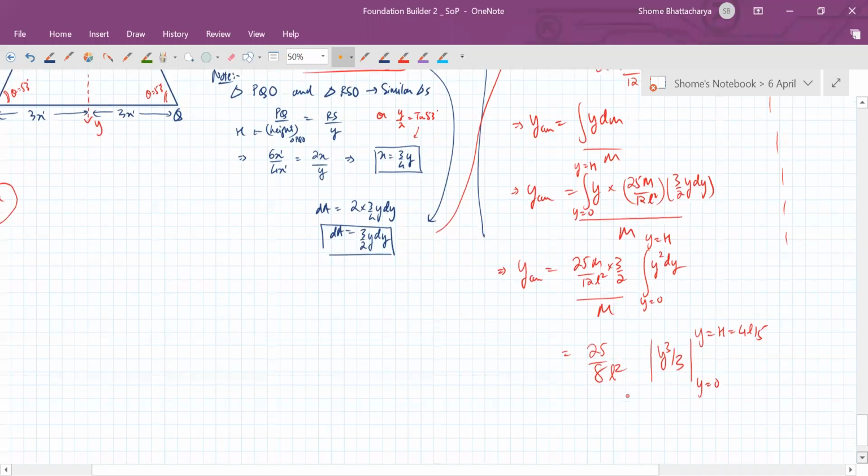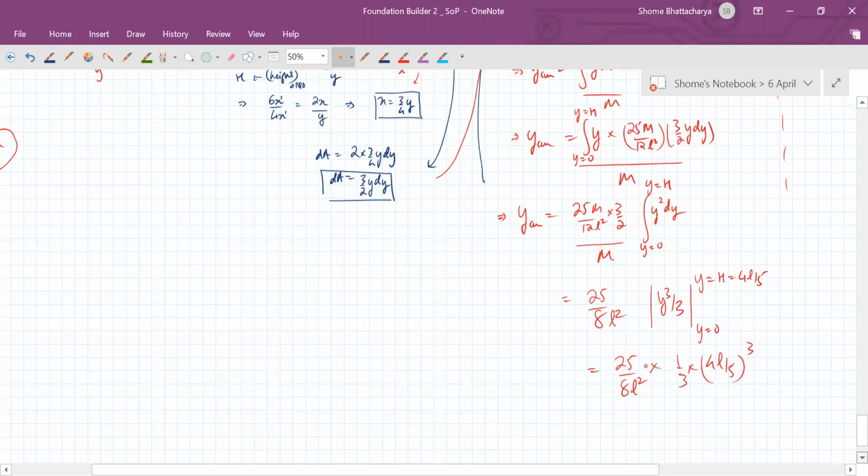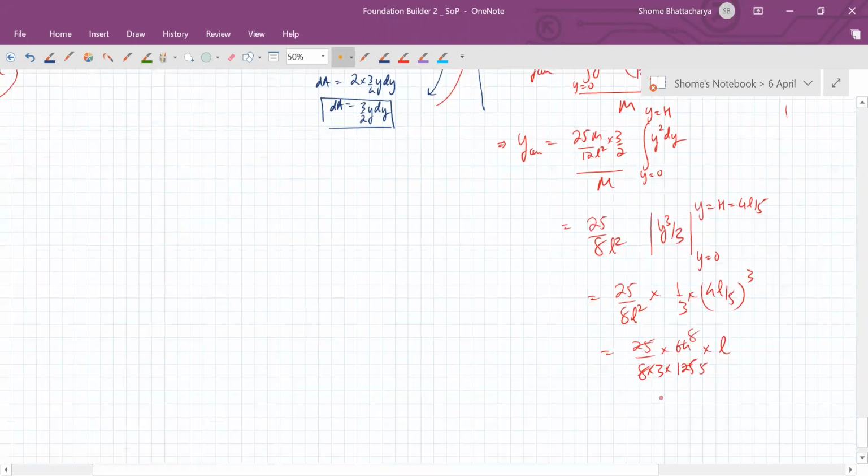This will become 25 by 8L square into 1 by 3 into 4L by 5 whole cube. So 25 by 8 into 3 into 64 by 125 into L, because L cube and L square in the denominator will cancel. So 8 by 15 L, that is what I am getting as the y coordinate of the center of mass.